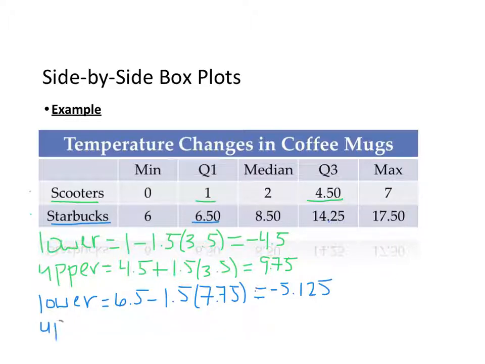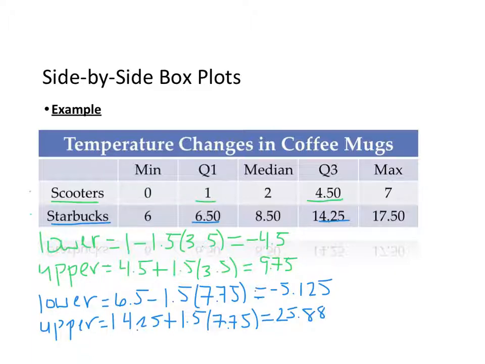The upper fence will take our third quartile, 14.25, plus 1.5 times our IQR. And this should give us an upper fence value of 25.88.